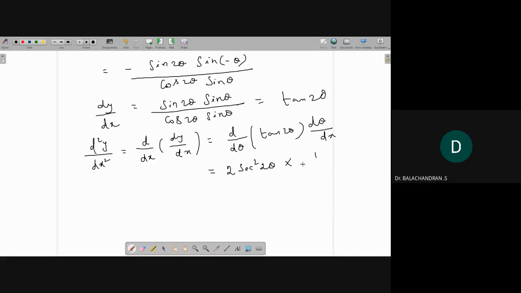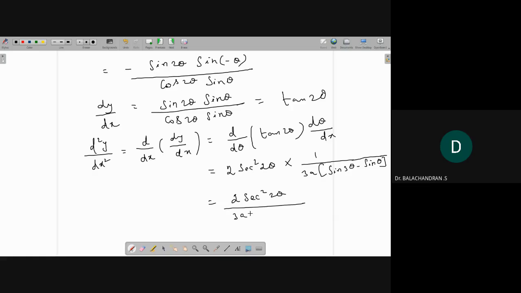So the reciprocal of this is 1 by 3a into sine 3 theta minus sine theta. So 1 by 3a into sine 3 theta minus sine theta. This is equal to 2 secant square 2 theta. Again, you should use the sine c minus sine d formula.